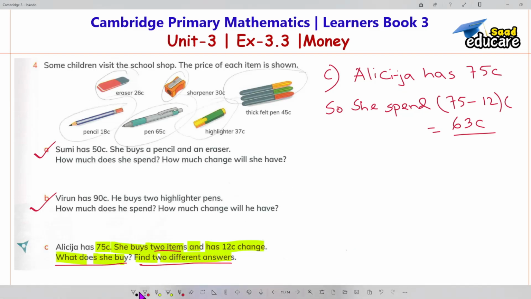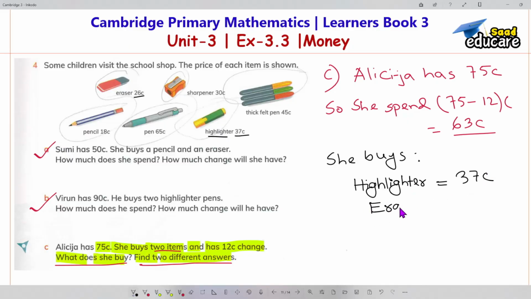So first one, look. It can be a highlighter at 37 cent and an eraser at 26 cent.